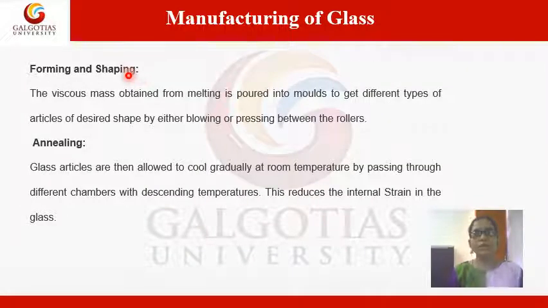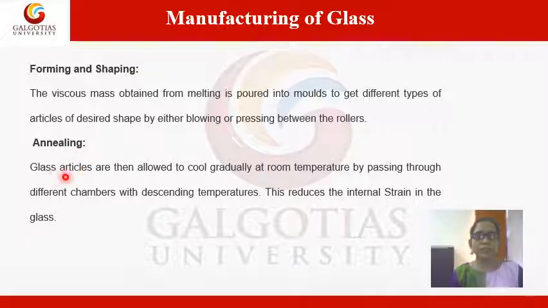Then the next step involved during the manufacturing of glass is forming and shaping. The viscous mass obtained after the melting process is poured into molds to get different types of articles of desired shape. This shape is obtained either by blowing or pressing between rollers. Then the next step is annealing. What is annealing?